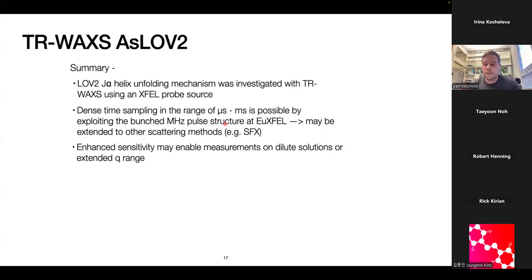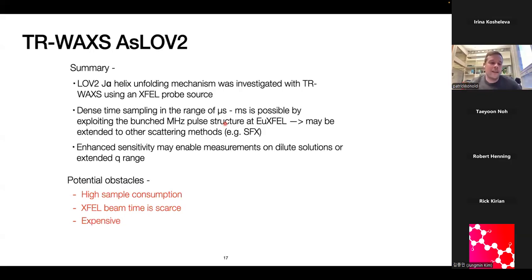Of course, it comes at a trade-off, being that the sample consumption is fairly high. In our experiment, the data took about 3.5 hours to collect. And because of the GDVNs, you're not able to recirculate the sample, at least in Hamburg, they don't have this set up.